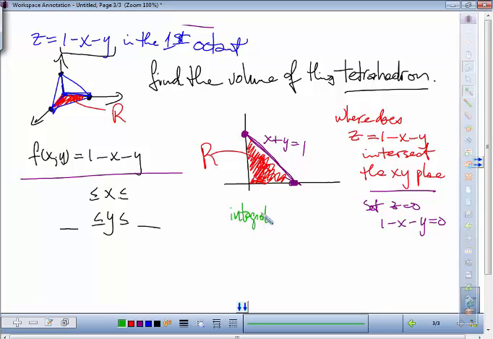On the region, draw a line parallel to the x-axis through the region.